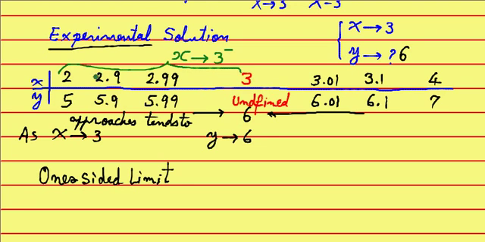These numbers are all obtained as 3 minus something. On the other hand, if you want to work with this other set of numbers, the notation for this is x going to 3 plus. 3 plus means our numbers are a little bit larger than 3. This means the numbers are a little bit less than 3.